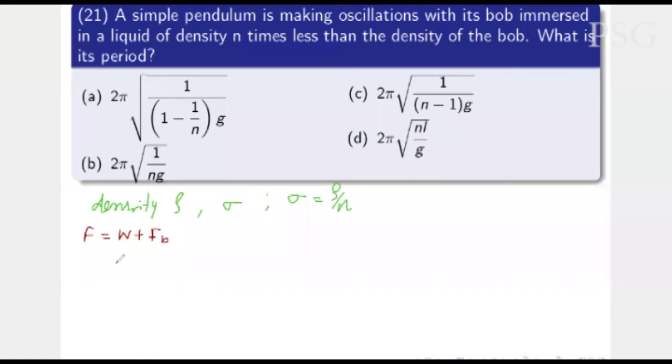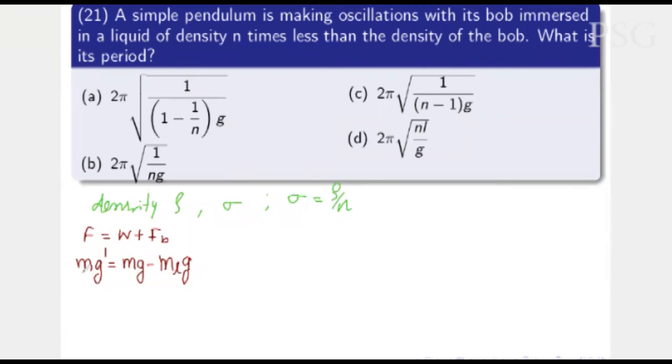You can write negative here. What is this force F acting on the body? It is mass of the bob into effective acceleration, that is equal to weight of the bob, mass into acceleration due to gravity at that point, and buoyant force is opposite, acting in upward direction. So that is equal to weight of the liquid displaced, mass of the liquid into g.